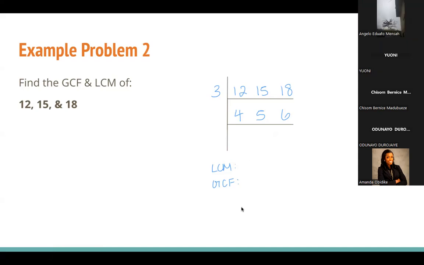One, two, three, 4, 5. Please, my LCM answer is 360. Is that correct?